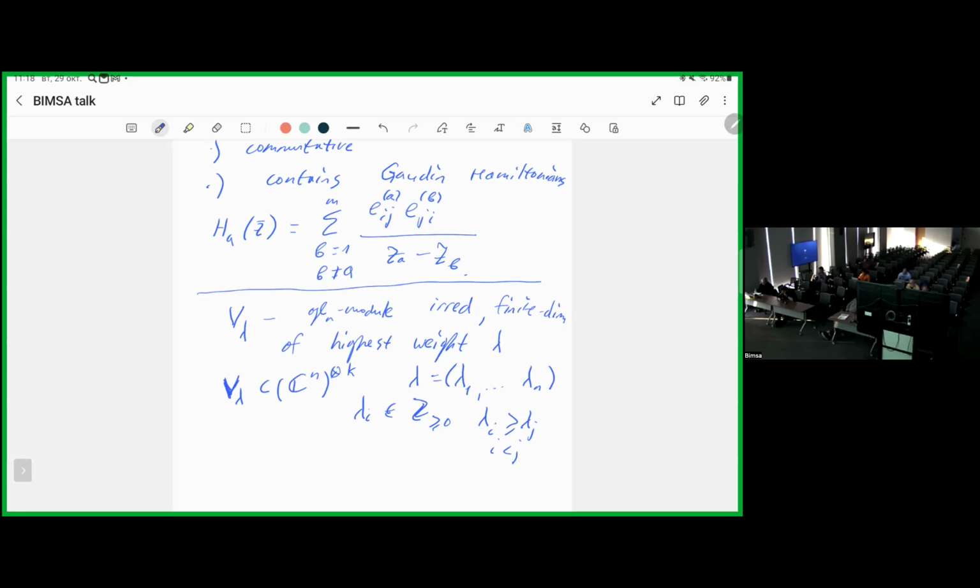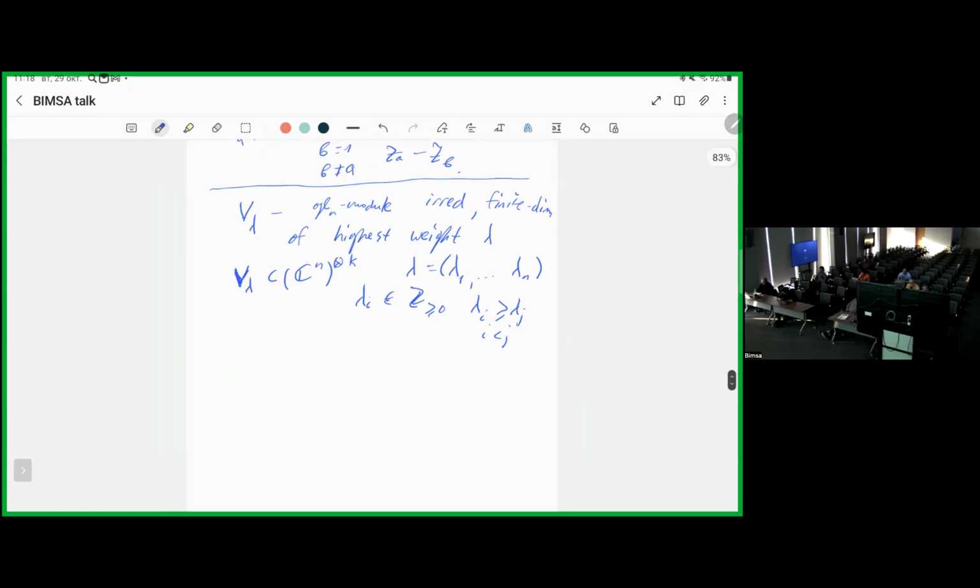Okay, and so actually I need to take a tensor product. So the representation of U(gl_n)^{⊗m} that I need, I will denote it like this, V of lambda, and this is a tensor product of m polynomial gl_n modules of highest weight lambda^(a).